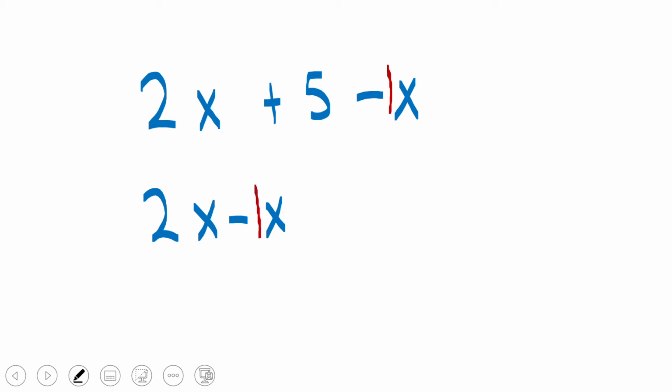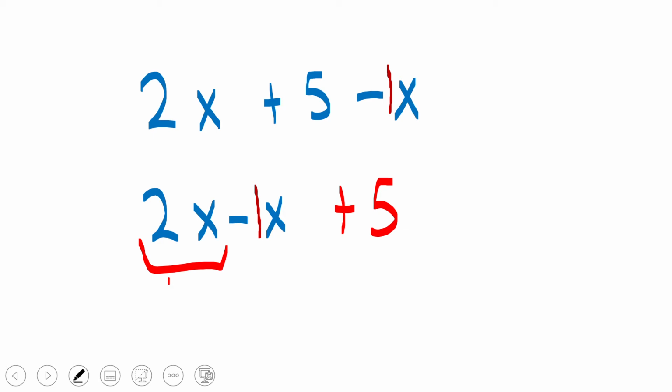Even though there's not a 1 there, they are like terms. Plus 5. We can kind of put them together, group them together if you need to. What is 2 minus 1 in the like terms?